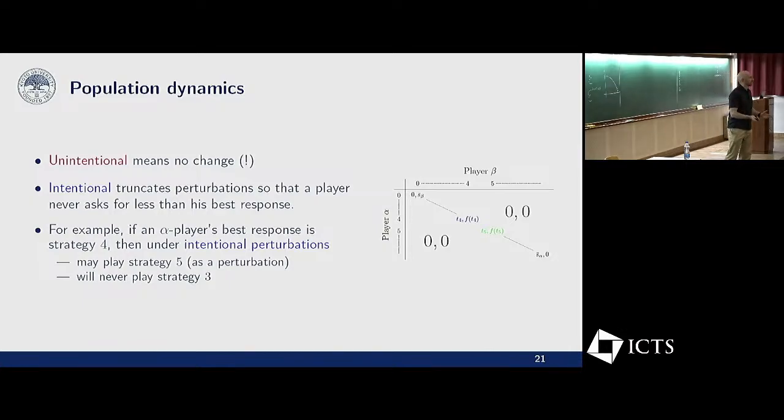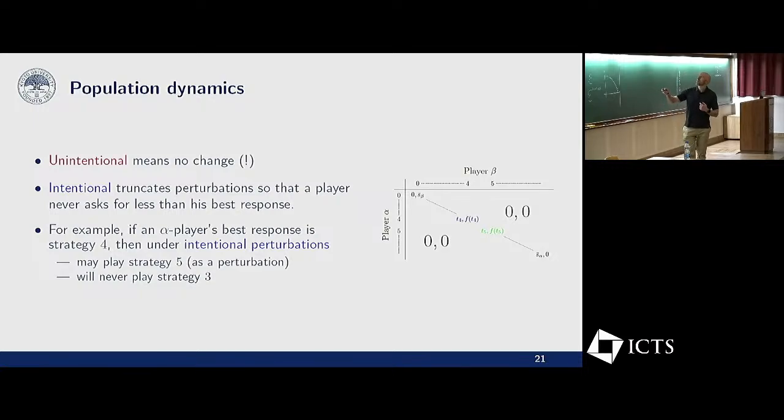Unperturbed dynamic is best response, but you can be perturbed, like we said, that noise, mistakes, random utility. But in the unintentional, you can do anything due to that. In intentional, you're only ever going to ask for more, right? When you make a mistake that's not a best response, it's only asking for more. It's never asking for less.